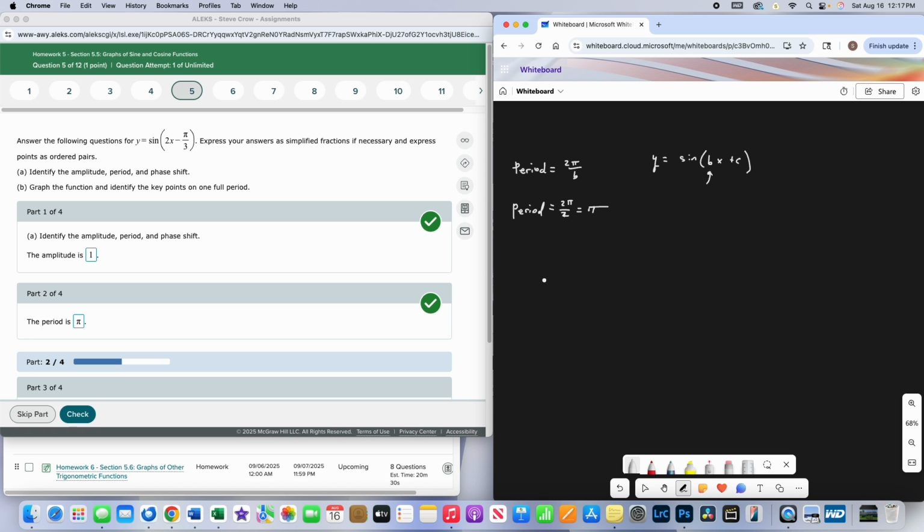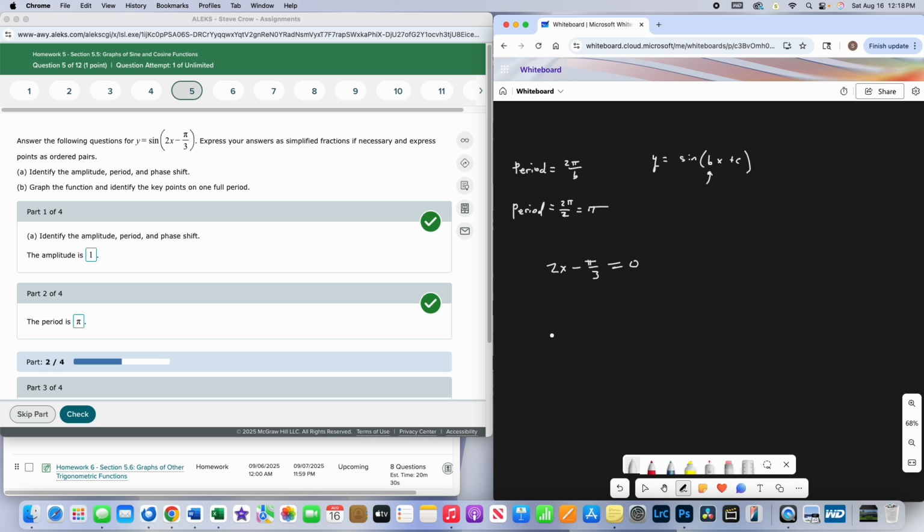But basically to find the phase shift, all you need to do is take the 2x minus pi over 3, whatever you're taking the sine or cosine of. This works the same for cosine. You set it equal to 0 and solve for x.